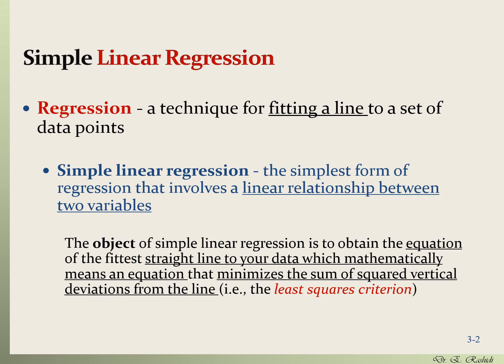The goal of simple linear regression is to obtain the equation of the best-fitting straight line to your data. Mathematically, this means finding an equation that minimizes your average error of estimation, or minimizes the sum of squared vertical deviations from the line. This is called the least squares criterion or the least squares method.